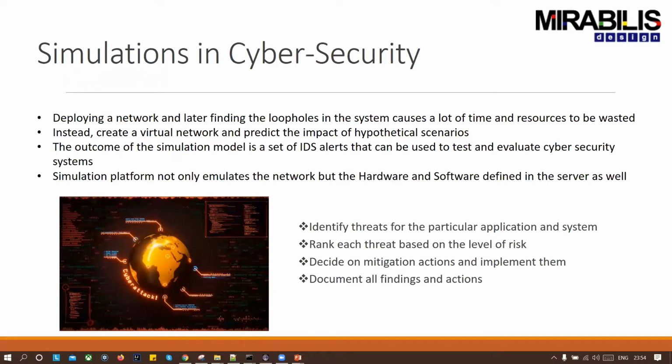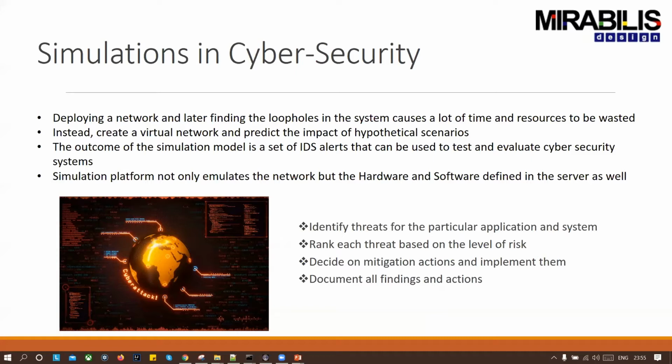Now, simulation of cybersecurity. Having a network which is product ready and later finding loopholes in the system causes resources and time to be wasted. So instead, you can create a virtual network model of a physical network and run different cyber threats such as brute force, DDoS, etc. And then you can evaluate the impact of these threats on response times and throughput.